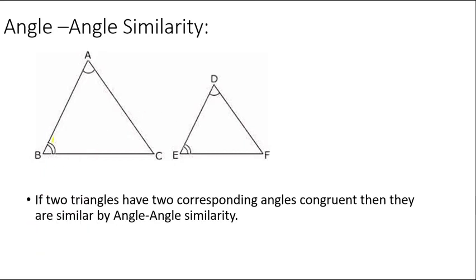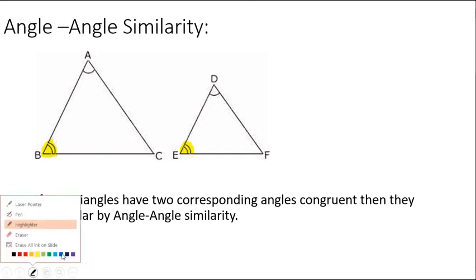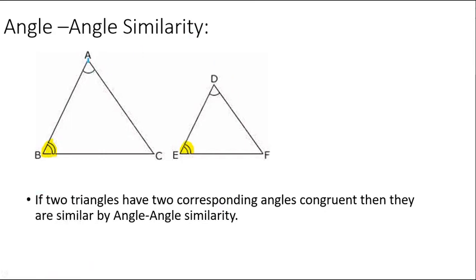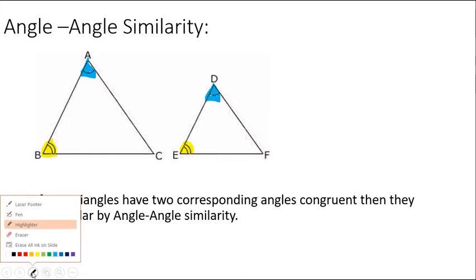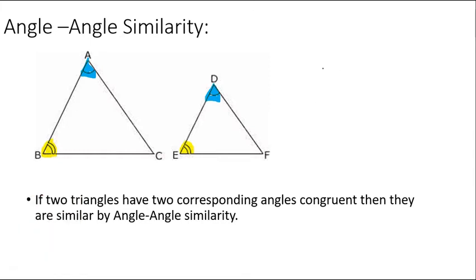So you see that this one and this one, that's the first angle. And this one right over here, and this one over here, the second angle. So if they have two angles congruent, we say they're similar.